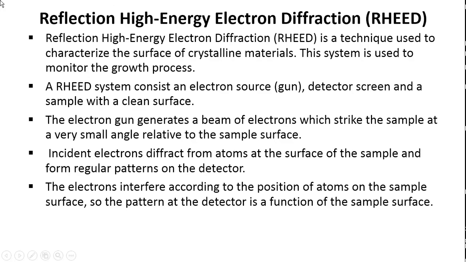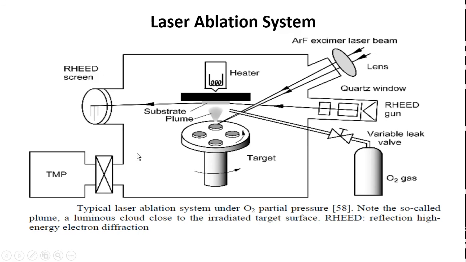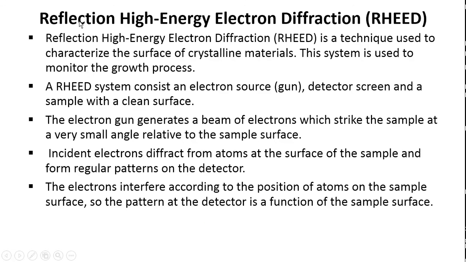see this one. Here we have seen a RHEED gun, reflection high energy electron diffraction, that is RHEED. This RHEED, its usage and advantages, or what the functions of RHEED are, you should understand very clearly, because sometimes a main question will be like, explain the laser ablation method of physical vapor deposition and discuss the advantages of using reflection high energy electron diffraction, or the RHEED gun.